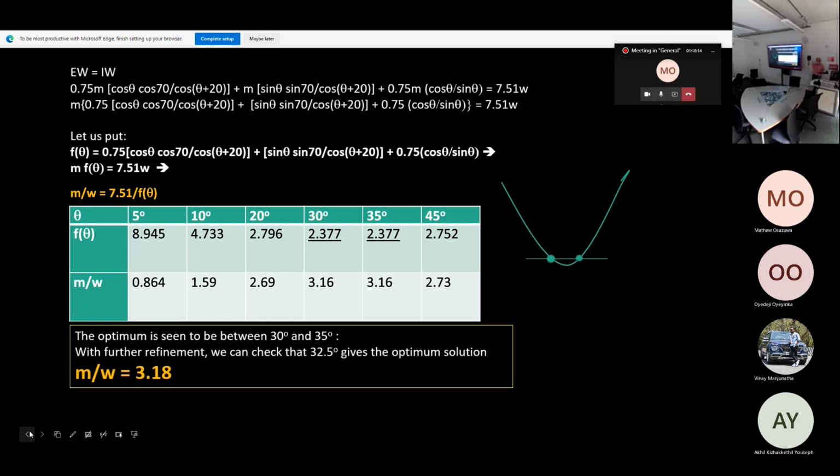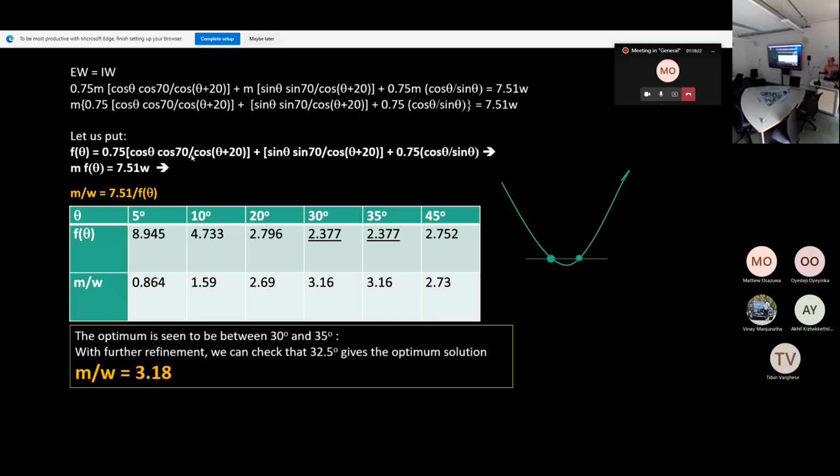What you could do, if you are really good with trigonometry, I'm not asking you to do it, but you can simplify these expressions further, and then differentiate with respect to theta. You need to know, for example, that when you differentiate sine theta, you get cos.